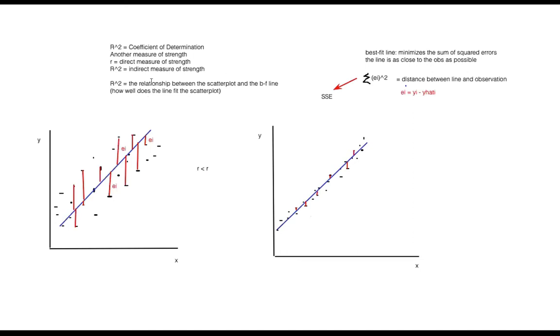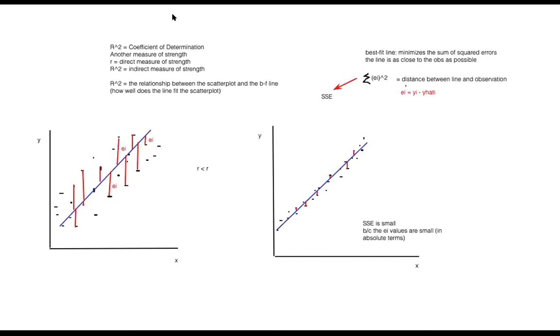So it's going to be the case that the SSE here is going to be small, because the EI values are small in absolute terms. You have small values here for each observation. Square a small number, you get a small value. That means you're adding together a whole bunch of small numbers. So SSE here is going to be small.